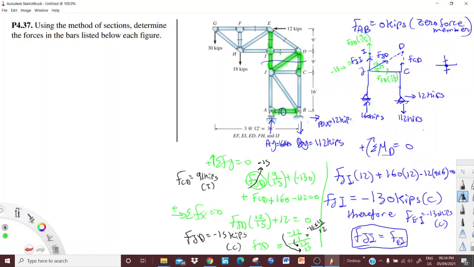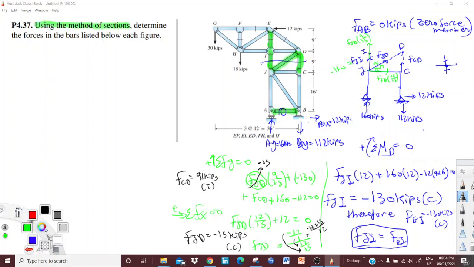Right now we are left with FJD and this one. Can I find the joint G right now? We try to find it. Here they say using method of section.